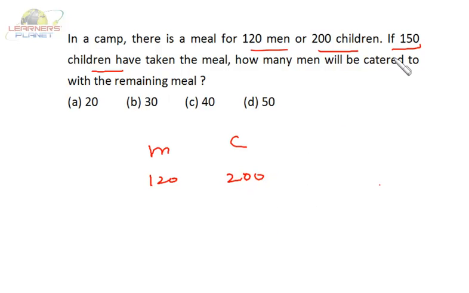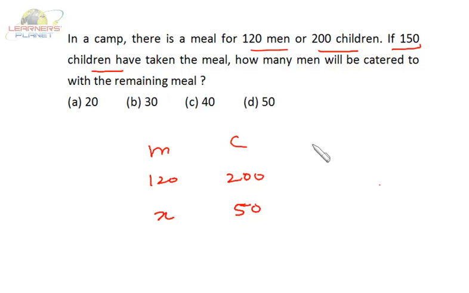Now since 150 children have already taken the meal, now the meal is sufficient only for 50 children. Initially the meal was sufficient for 200 children, but 150 children have already taken the meal. Now the remaining meal is sufficient only for 50 children. Now if 120 men are equivalent to 200 children, that means 50 children are equivalent to x men.